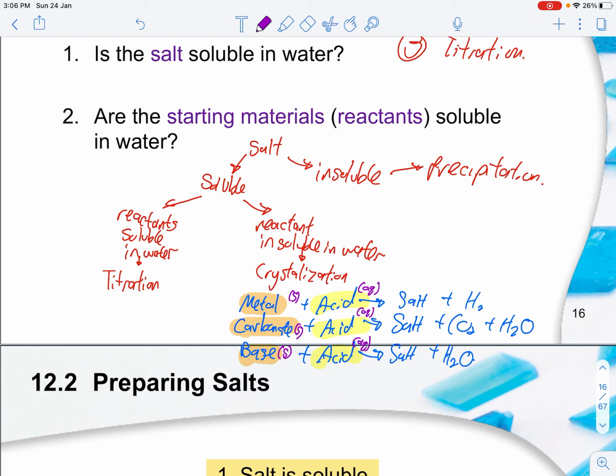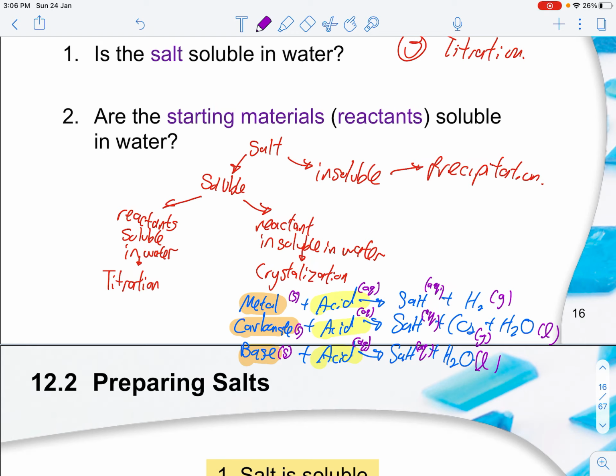Metals, there is no gaseous form in this case, so they tend to be solid. Second thing is the salt. The salt can also be in the aqueous form because these are soluble salts. Then the rest is as per normal: hydrogen is gas, water is liquid, carbon dioxide is gas.